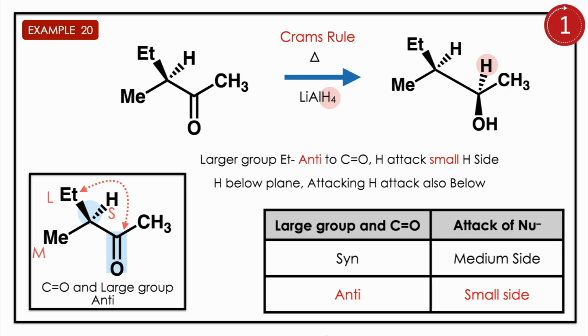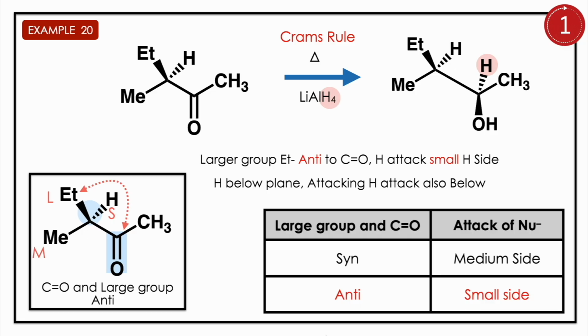Here you have a carbonyl and an alpha chiral carbon. So the chances are Cram's rule. Let us assign large, medium and small. Here the large group is ethyl, the medium group is methyl, hydrogen is small. The relationship between CO and the large group is anti, so attack will happen on the small side.